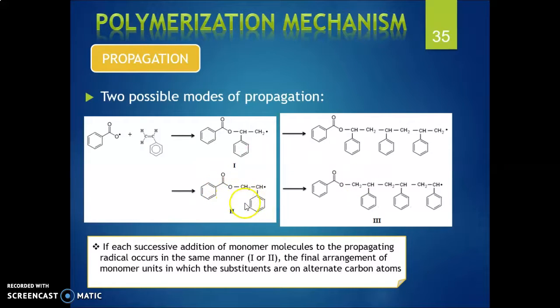CH2CH kan, kita dapat structure ni, dia react dengan monomer tadi kan. And then kita akan dapat produk yang macam ni. Yang last video tadi saya tunjuk, kita dapat structure ni. CO, CH2 salin balik yang ni, CH, okay. And then repeat balik. CH, CH, CH. So this three is a tail to tail placement.